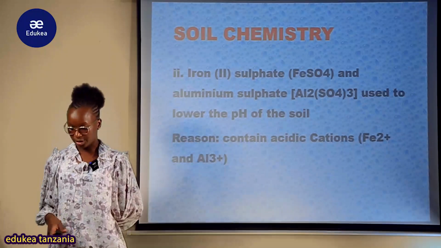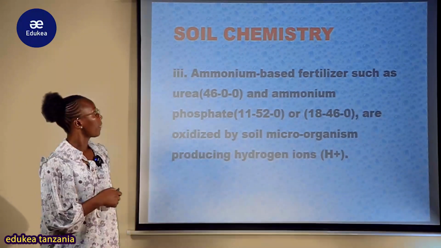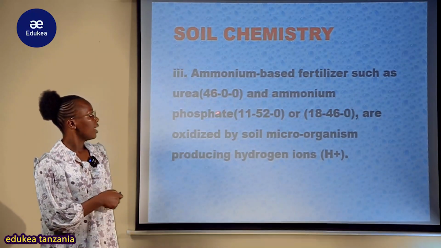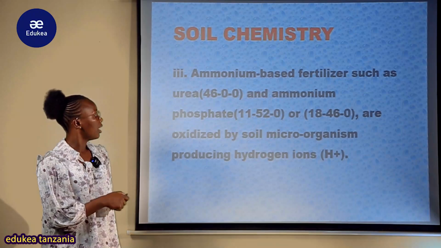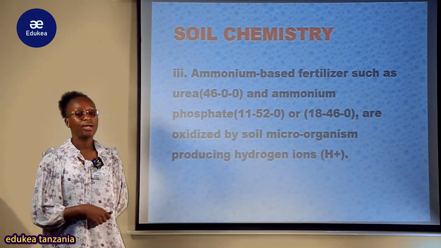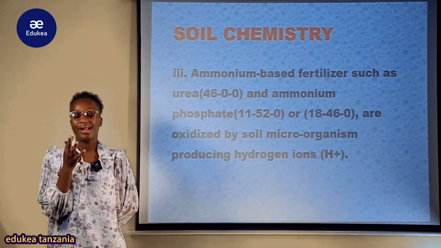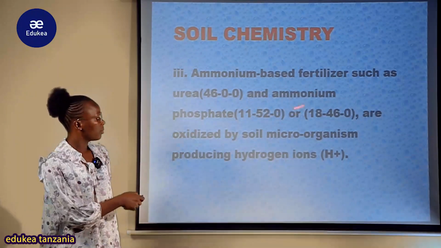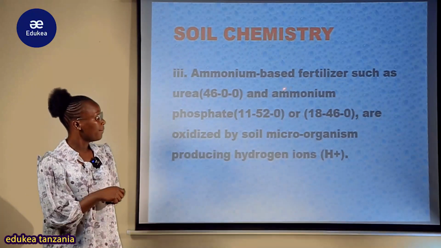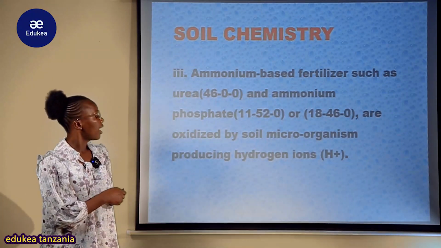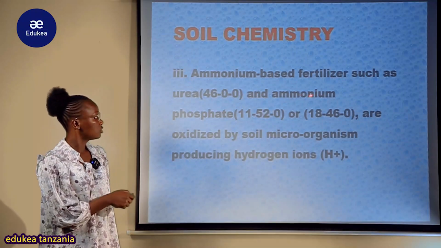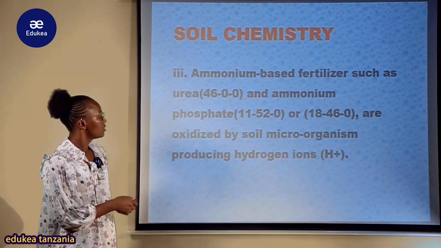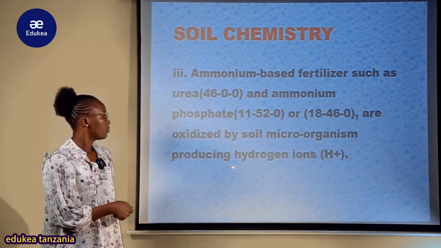itasaidia kufanya modification. But also ammonium based fertilizer such as urea ambayo inakuwa na this one 46-0-0 and ammonium phosphate. Hizi hapa ni kama ratio zake. I hope tulisoma zile fertilizer ratio, fertilizer analysis or grades, ndo hizo wameziweka huko. So you can see ammonium based fertilizer ambayo ni urea ambayo ina hizi hapa fertilizer ratio, but also ammonium sulfate ambayo ina hii hapa ratio, or this one, but also are oxidized by soil microorganism producing hydrogen ion.